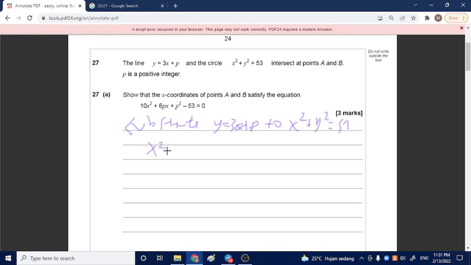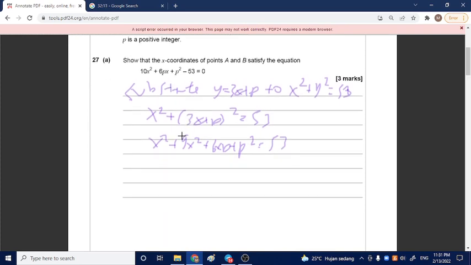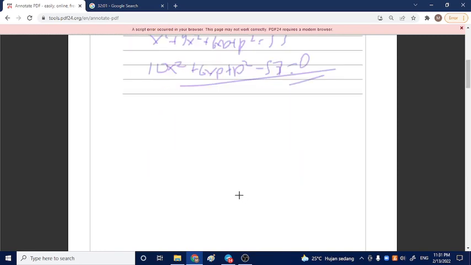We have x squared plus 3x plus p squared equals 53. So x squared plus 9x squared plus 6xp plus p squared equals 53. So yeah, we have the exact same. p squared minus 53 equals 0. Alright, we got that.